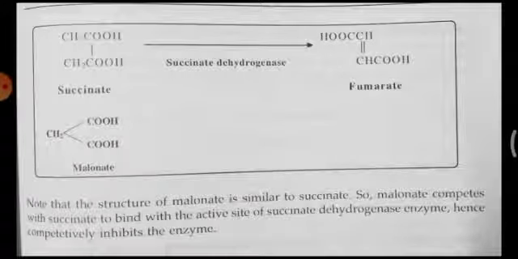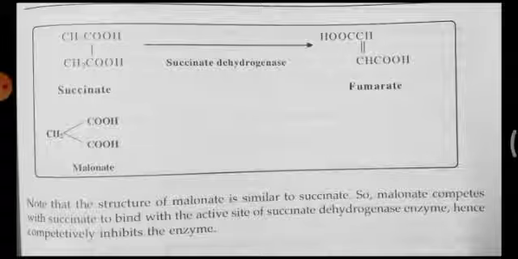And if you see the same example continuation, succinate is the actual substrate and malonate is the inhibitor. If you see the structure of both, you can see dicarboxylic acid structure in the succinate, and malonate is also having dicarboxylic structure, that means two COOH groups.